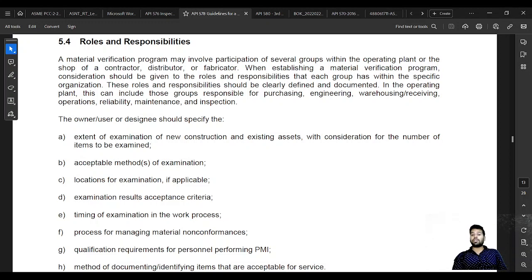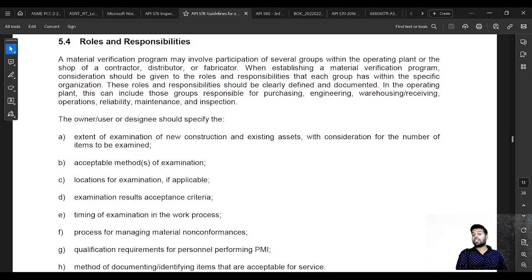These roles and responsibilities should be clearly defined and documented. In the operating plant, this can include those groups responsible for purchasing, engineering, warehousing, receiving, operations, reliability, maintenance, and inspection. Obviously these groups can also be included in your inspection plan or material verification program.